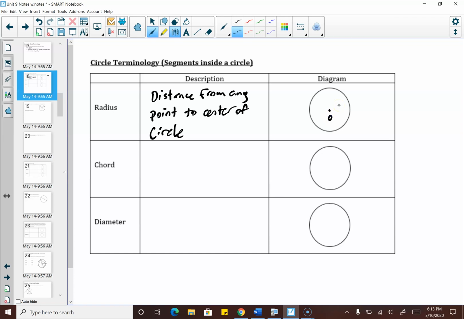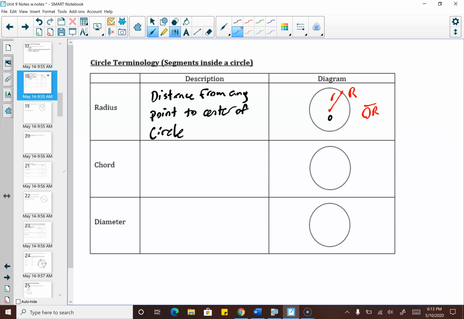I'm going to call it O. So circles are named by their center point. So in this case, this would be circle O. And then you can pick a point anywhere you want. We'll call it R. And that distance from O to R is going to be our radius. Okay, so that one's pretty easy. Everybody usually knows what a radius is.